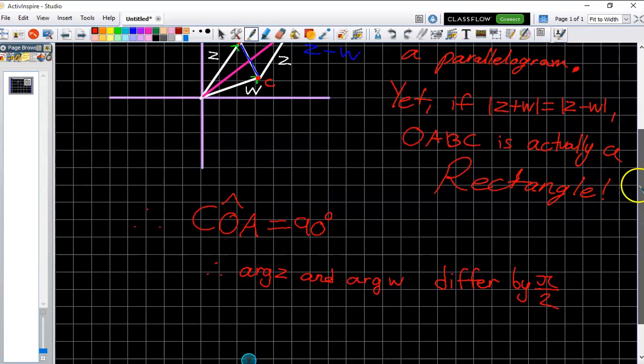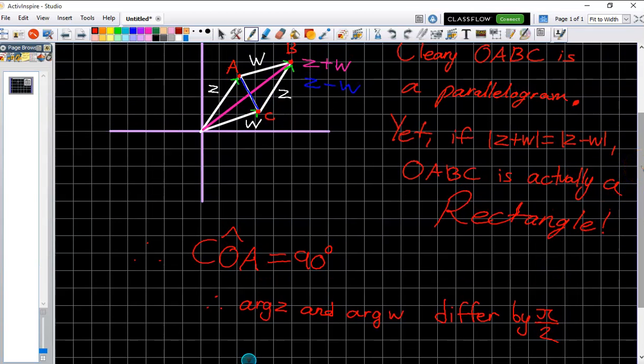Because if that becomes a rectangle, then it differs by 90 degrees. Pi on 2.